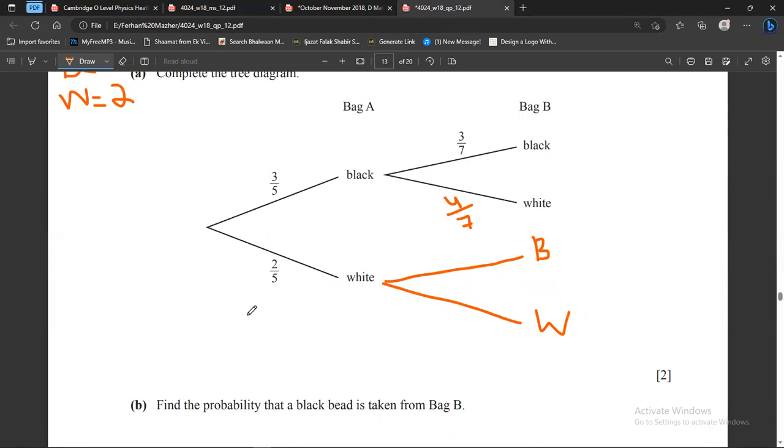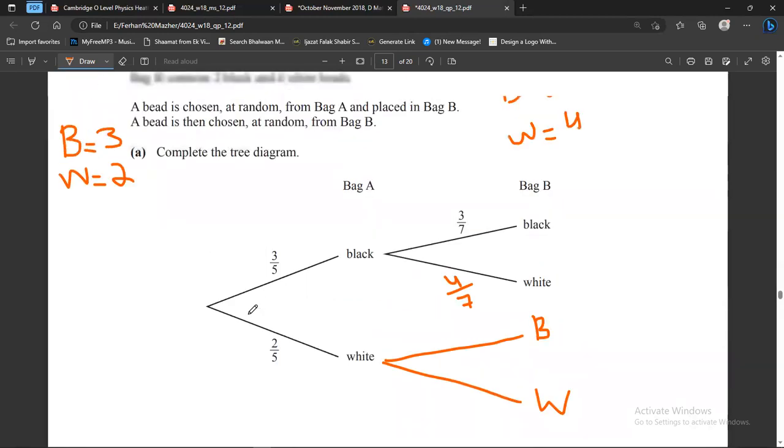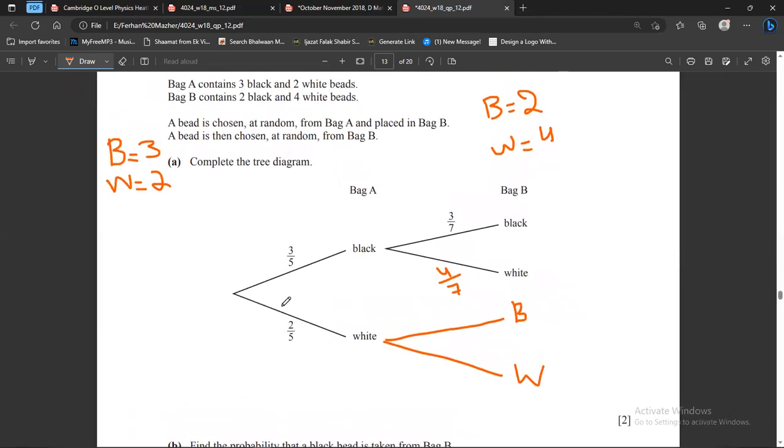If you first take a white bead from bag A and put it in bag B, now what will happen with bag B? The total will become 7. Sorry, I got into some confusion here.